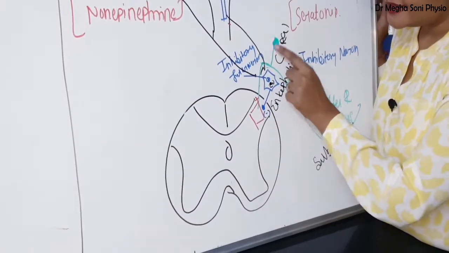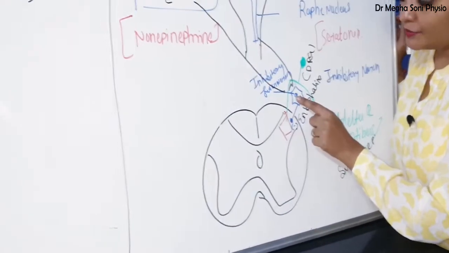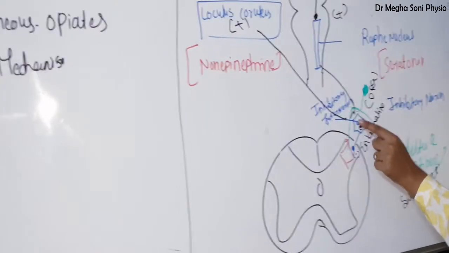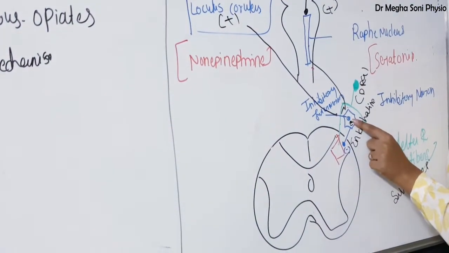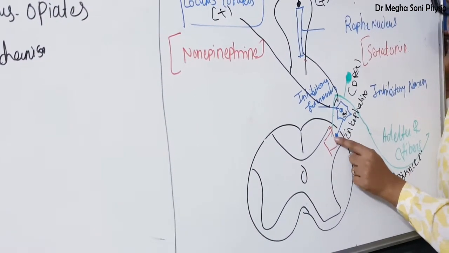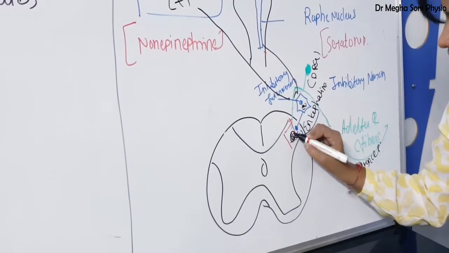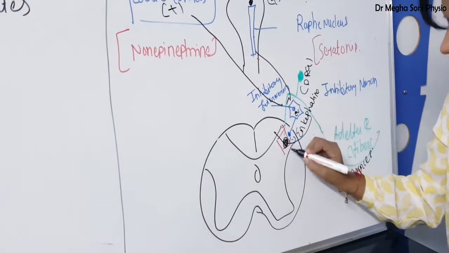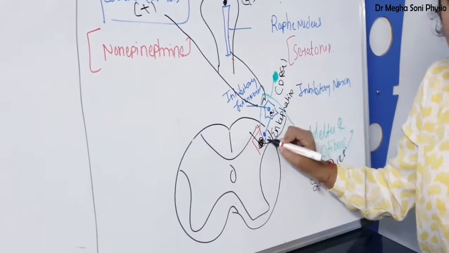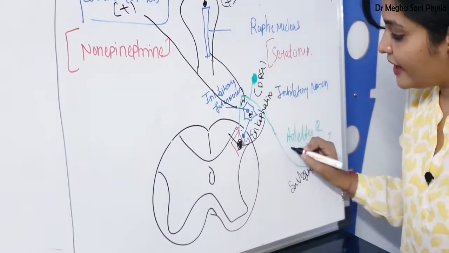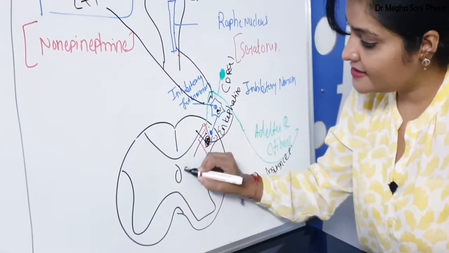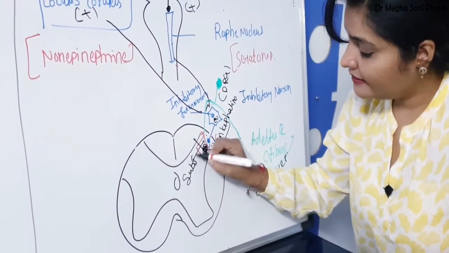But as the dorsal root ganglion stimulates the inhibitory interneuron, this inhibitory interneuron secretes endogenous opiates over here, and it blocks the pain pathway, meaning it does not allow this fiber to secrete substance P.